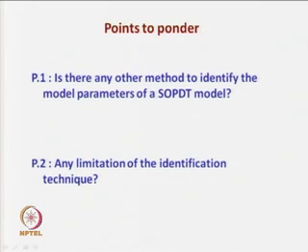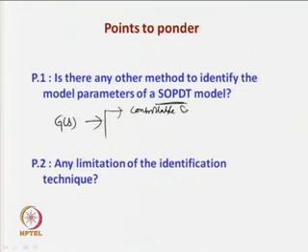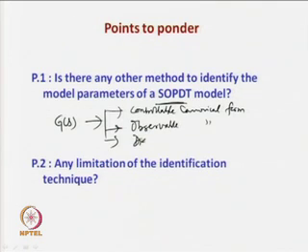Is there any other method to identify the model parameters of a second order plus dead time model? Yes. One can go for other techniques as well. As I said, the transfer function model can be expressed in different forms: controllable canonical form, observable canonical form, and diagonal form.